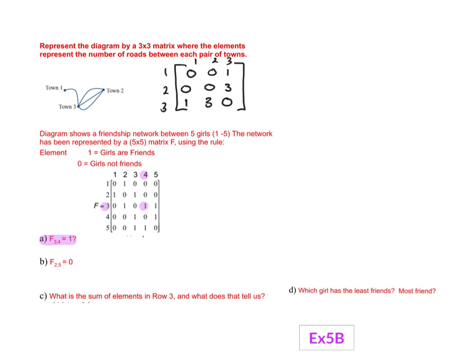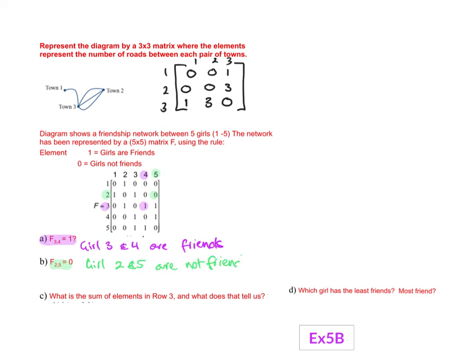It means girl 3 and 4 are friends. And if we do the other one, where we've got to go to row 2 and column 5, it's a 0. So for this scenario, girl 2 and 5 are not friends.